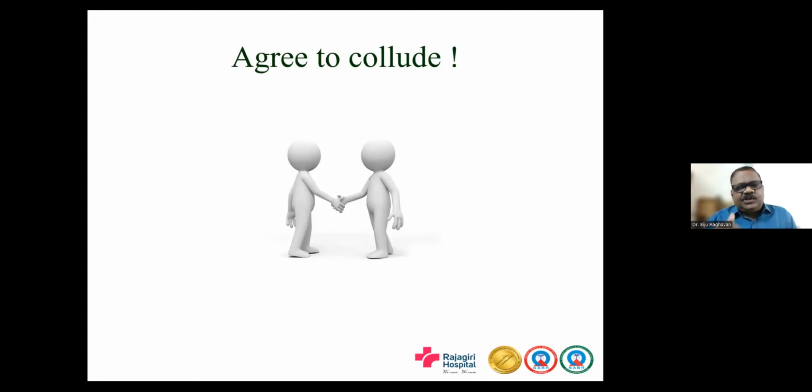In any case, we cannot tell the truth to the patient without the family being on our side. If we tell the truth to the patient without the family's permission, we are going to get into major trouble with them. So the first step of managing collusion is to agree to collude.